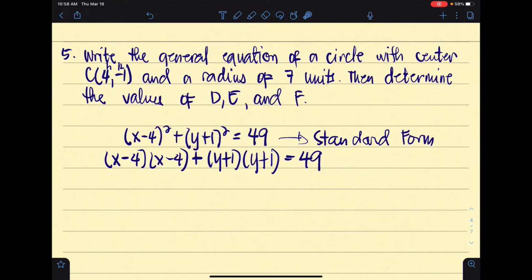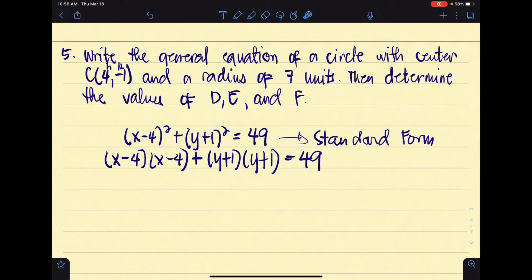And then we are going to do the FOIL method in order to obtain the products of these two factors. Remember that pattern? You multiply the first terms, then the outer terms, and then the inner terms, and then the last terms.